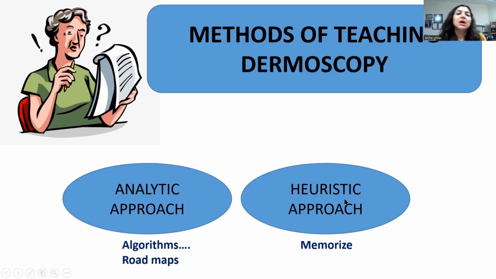What do you do in the heuristic approach? Whenever you see an image, your brain instantly tells you what kind of image that may be. For example, you pretty much know how the face of your brother or your sister looks.